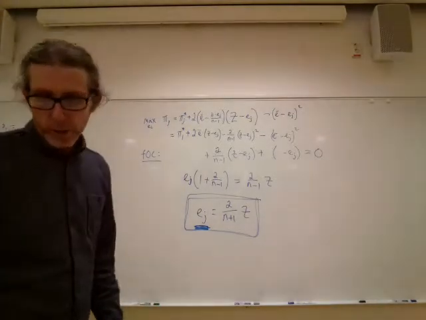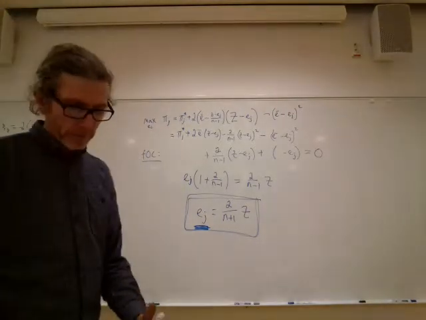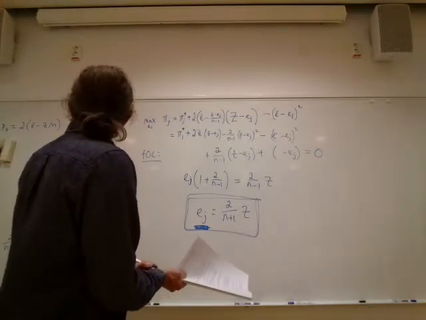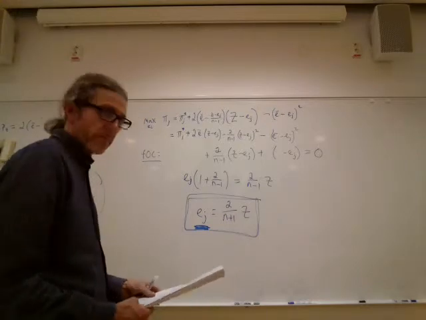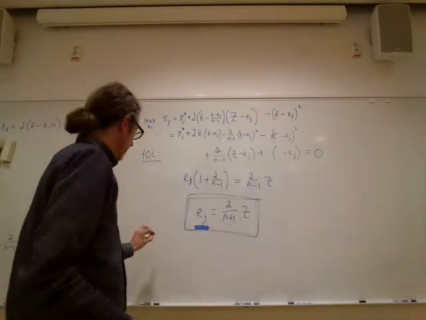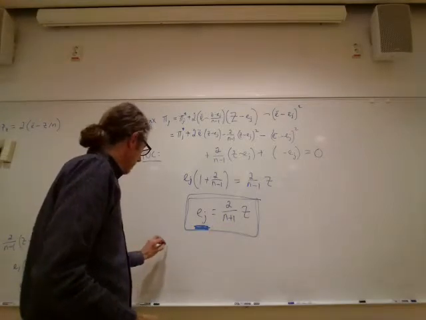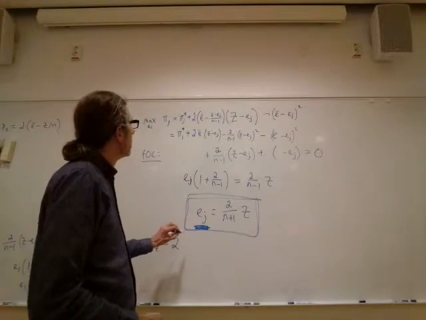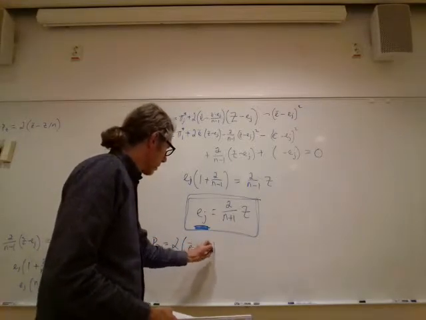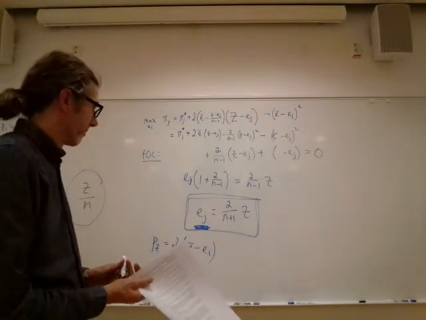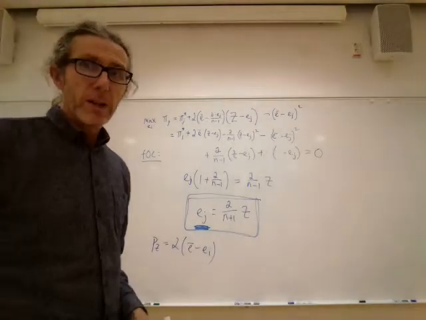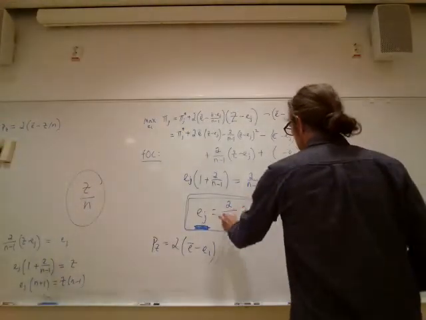And of course the permit price is, let me just check. Yeah. So the permit price, PZ, is 2 times (E bar minus EI). So what's EI? Wow. So this is EJ.